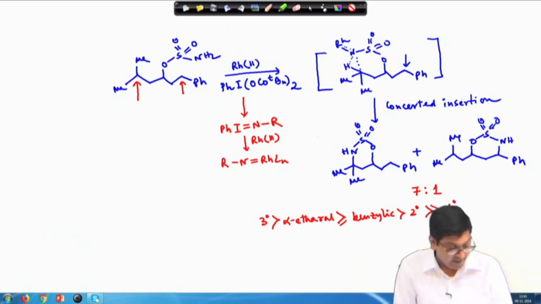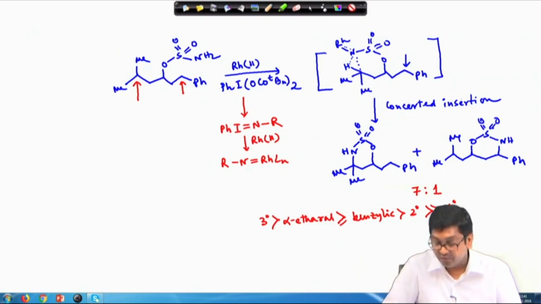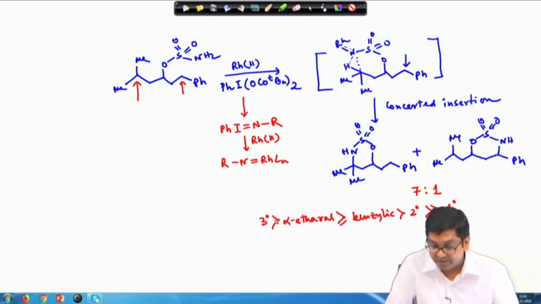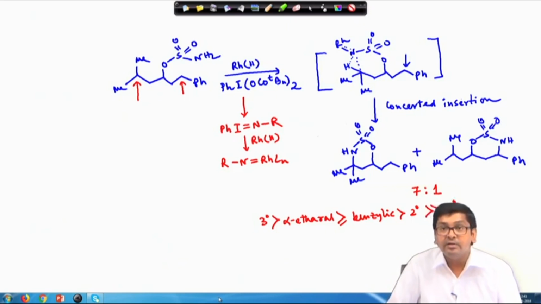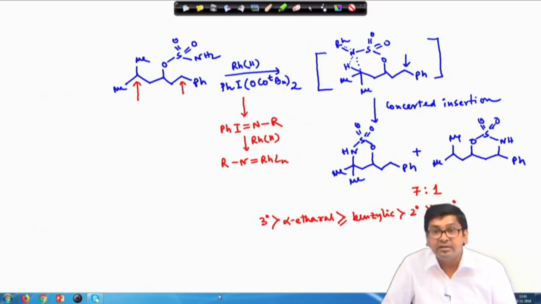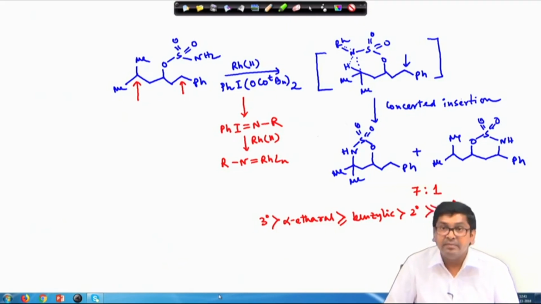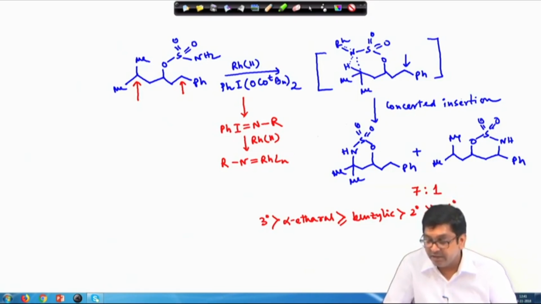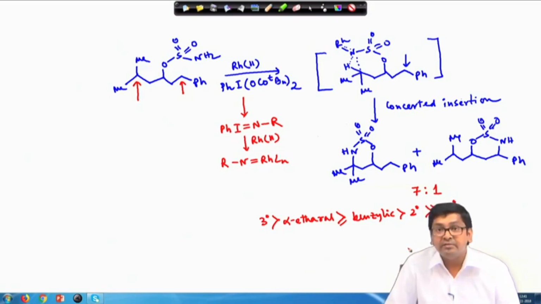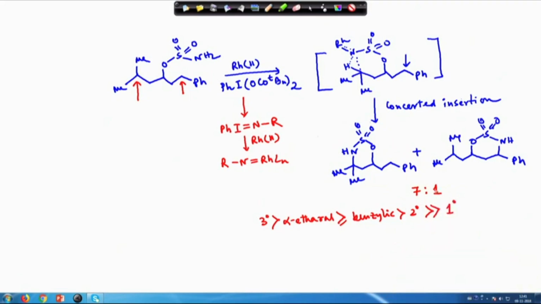So, here we have seen as per the reactivity rate for this oxidation, it has been found that this tertiary carbon is getting faster reactivity than the benzylic. So, that is why here the selectivity happens in this way, that carbon nitrogen bond formation occurs mostly in the major product, this one, and then the minor product is this one. Okay. Thank you.